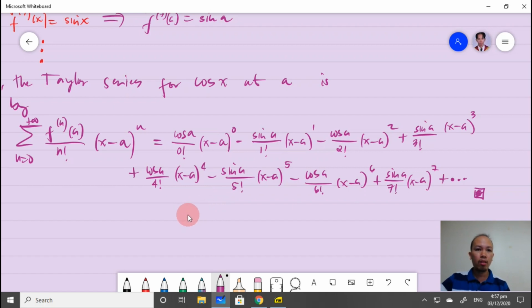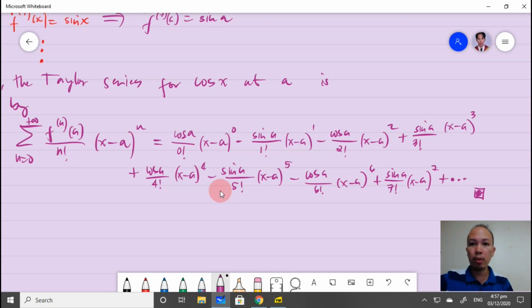So let's try another example, or let's have a theorem first, before another example where we can express the right-hand side into a simple form in summation notation.